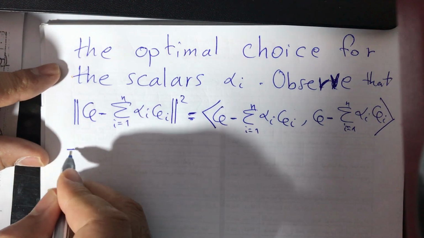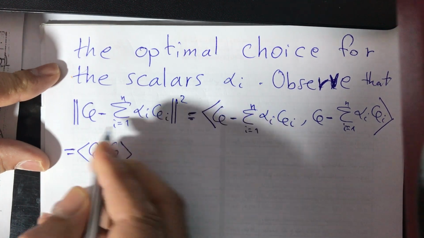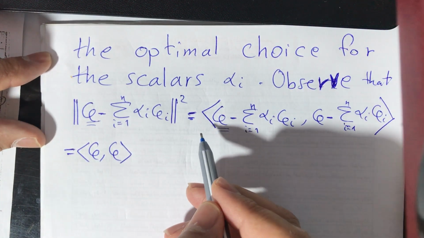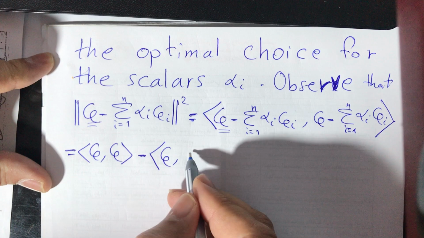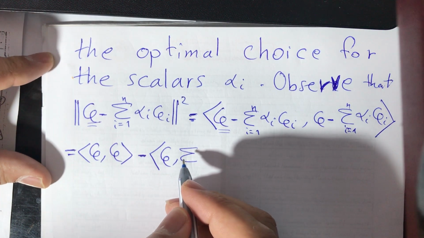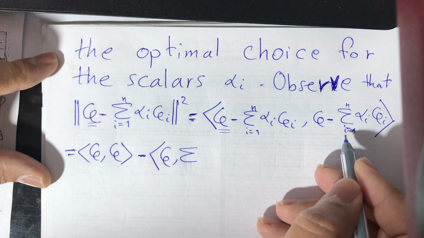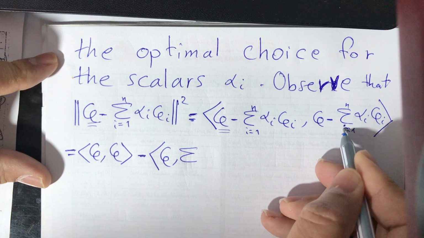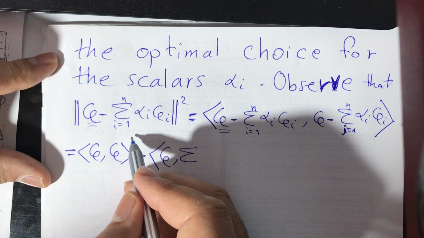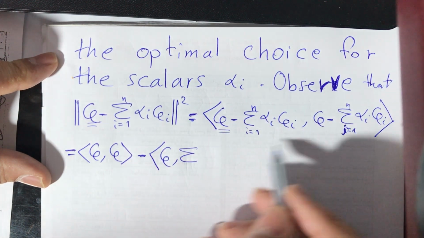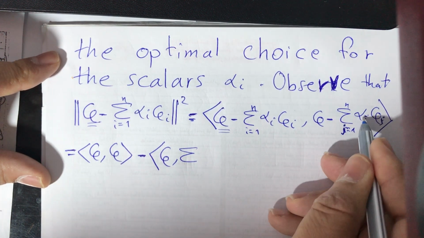Here we should take j because this is different: here i and here j.